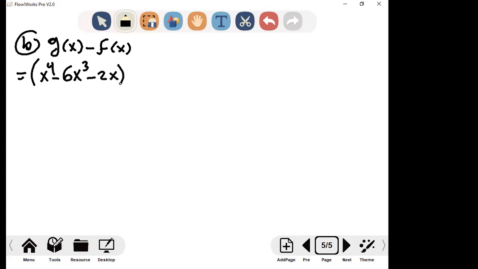Close the parentheses. After it, we subtract. We have f of x, also in parentheses. F of x is minus 6x power 3 plus 2x power 2 plus 4, right?